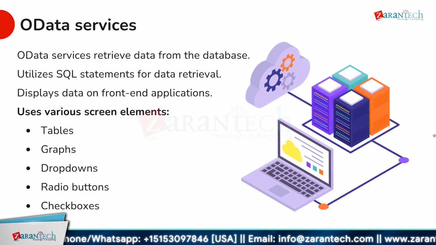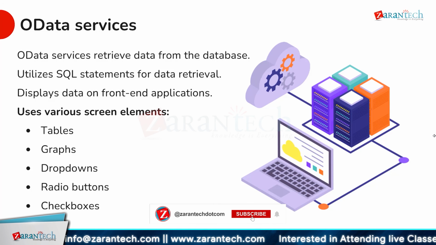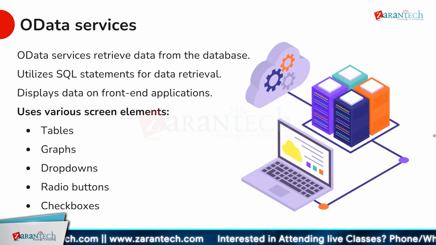Once the data is retrieved, it is presented in various ways on front-end applications. This is where user experience comes into play. OData services use different screen elements to make data easy to understand and interact with. For example, tables display data in rows and columns, making it easy to compare information.